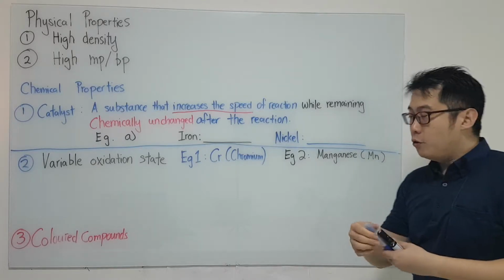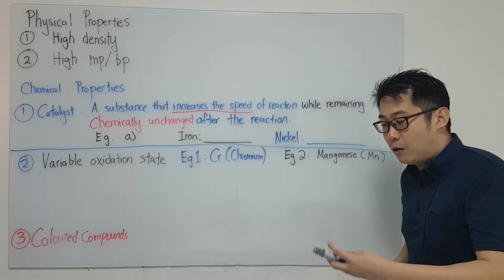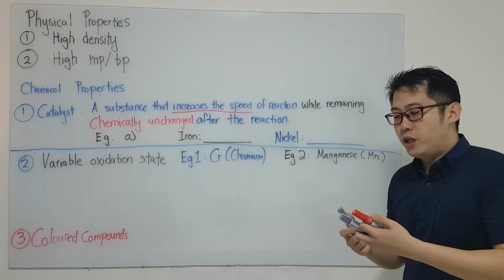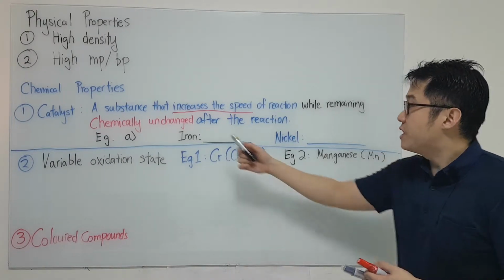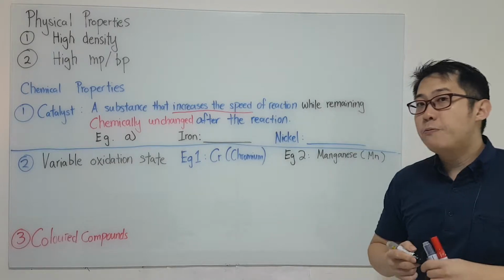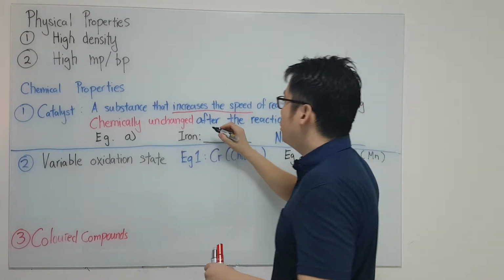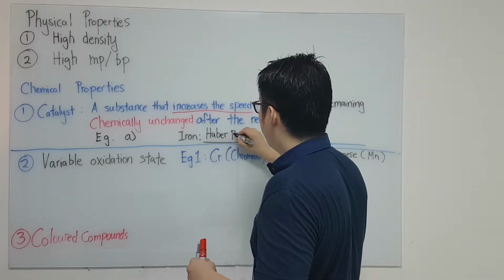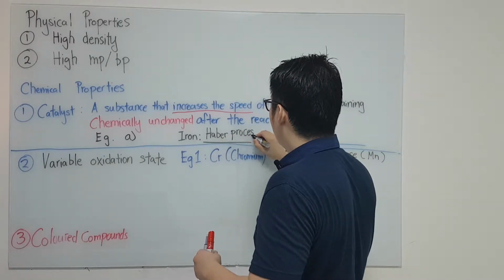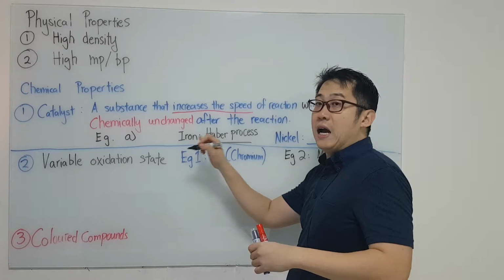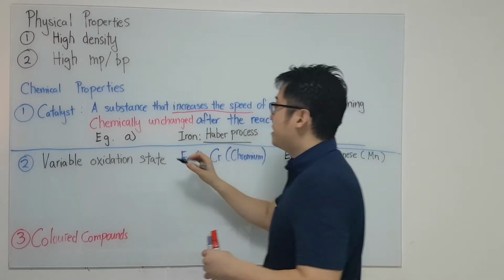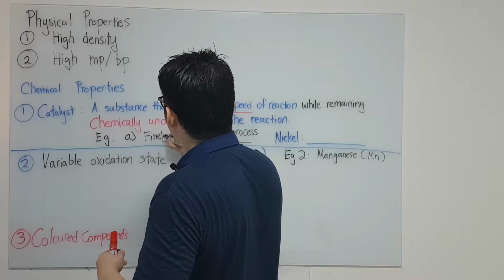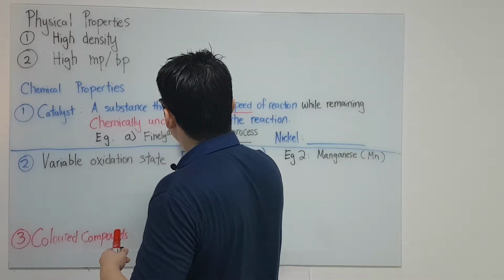So I'm going to give you two examples of catalysts that you will encounter in your syllabus here doing your O-levels chemistry. The first one is actually iron. To be very precise, iron is used in the Haber process. And to be very precise, iron when used in the Haber process is in the form of a very finely divided iron.